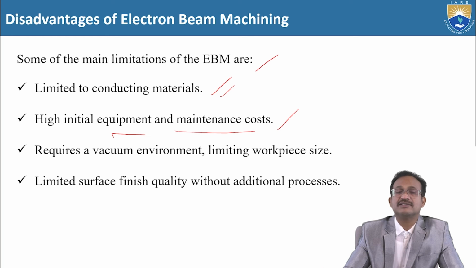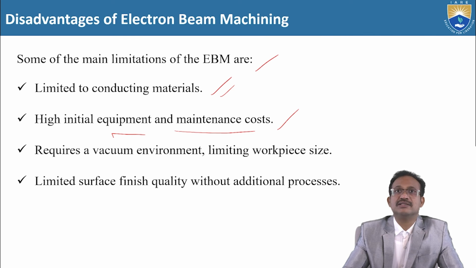Unless there is a huge mass requirement, and if it is not that urgent, or if we don't need that much accuracy, we better avoid electron beam machining. For simple and general operations involved in automobile parts, we better avoid electron beam machining.